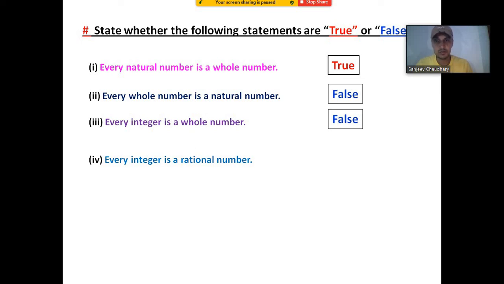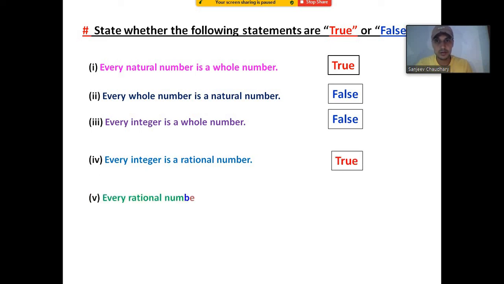Is this possible? Yes, possible, because every integer means all negative and positive numbers would be there in integers, and in rational numbers all positive and negative numbers would also be there. So we can say that every integer is a rational number. This is possible. It's true.